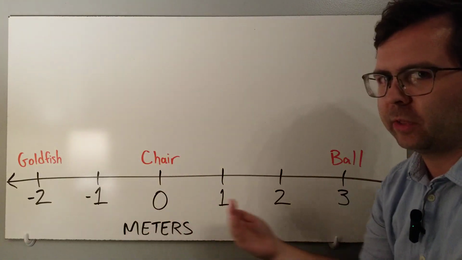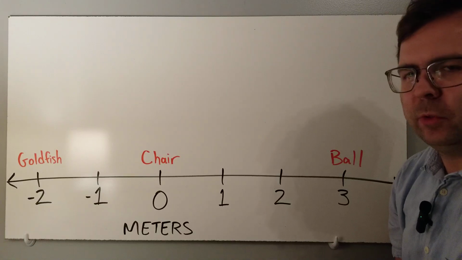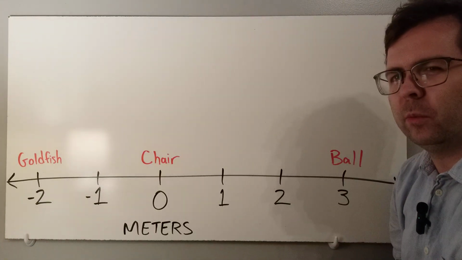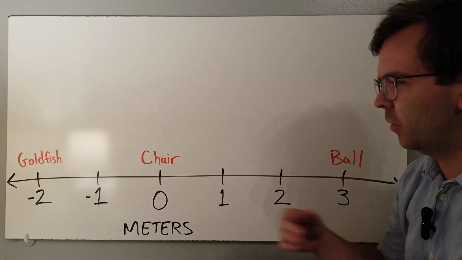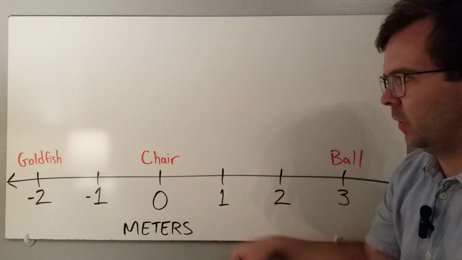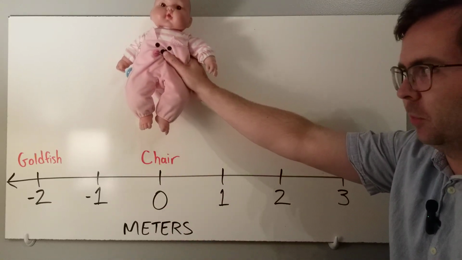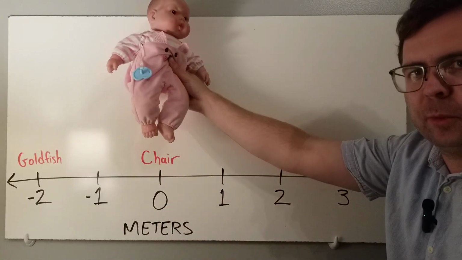Now, if we were to track the position of the baby over time, you could do this in different ways, but one of the ways that I've done it on purpose here is I set the chair to be our reference point, where we're going to say the position is 0 meters at this chair, like on a number line, the position of 0. Pretty simple so far.